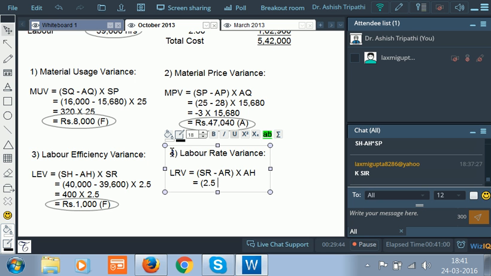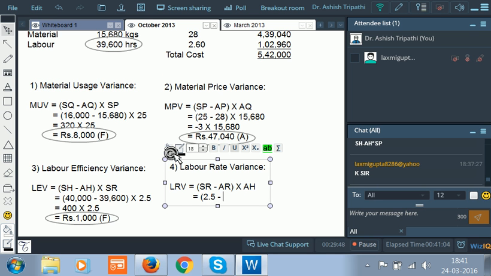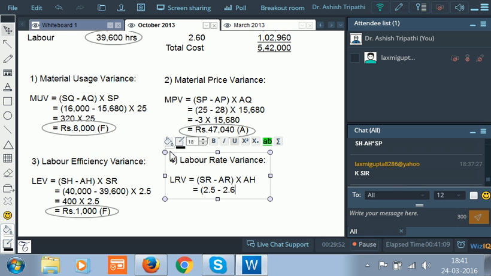Standard rate is 2.5 minus actual rate is 2.6 into actual hour is 39,600.